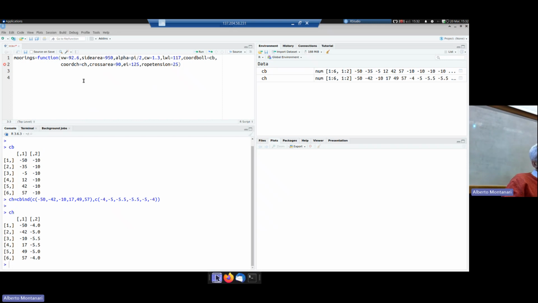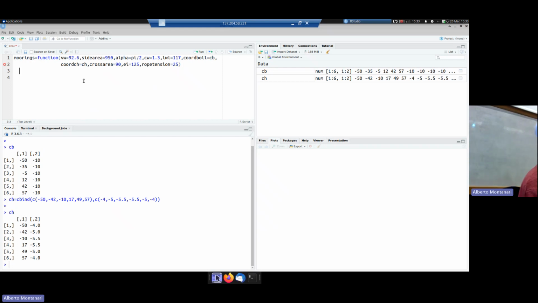Now, what are the arguments of the function moorings? You see that the arguments are the length of the ship, and a default value is given, 92.6. Another argument is the side area, and the default value is given.